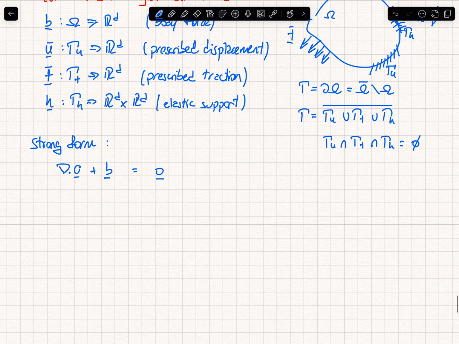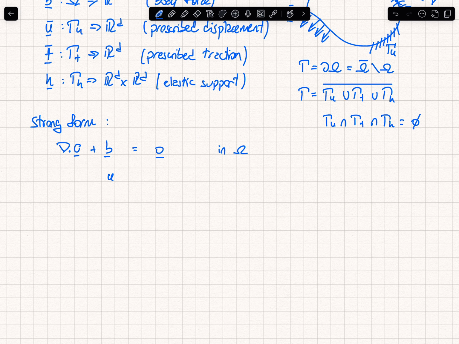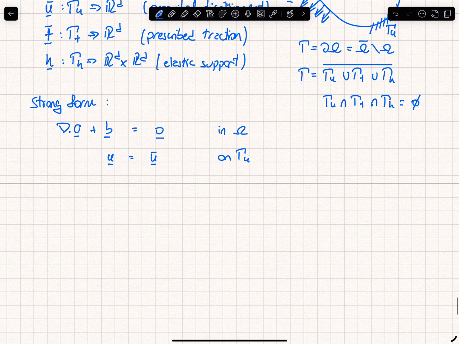Okay. So that is going to be in omega, inside the domain. And then we have our usual boundary conditions. u is equal to u bar on gamma u. We have now Cauchy's relation between the stresses and the tractions along the boundary.